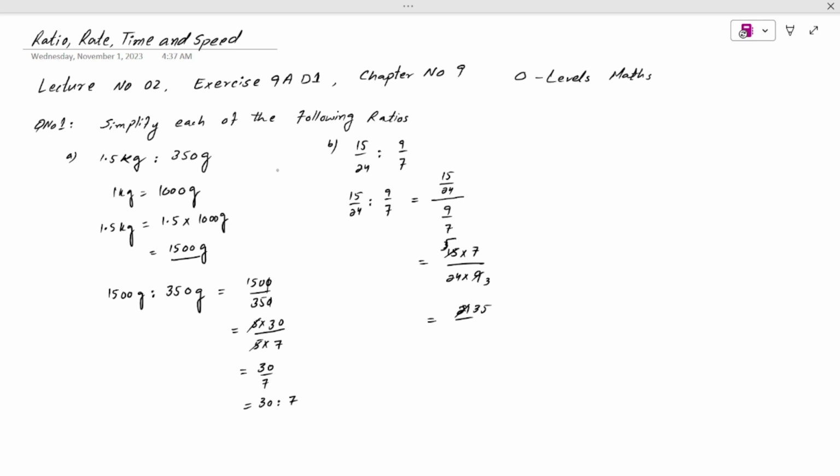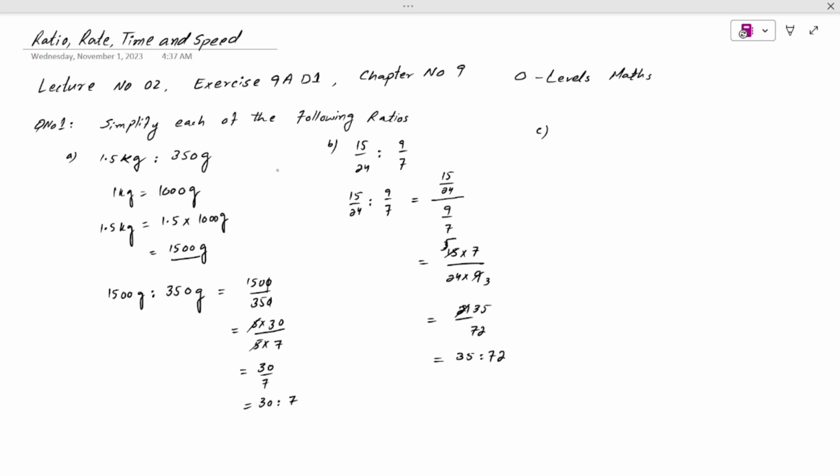So we get 35 over 72. Now this is the simplified form of this ratio, 35 ratio 72. There is no common factor between 35 and 72 other than 1. So this is the simplified form and becomes the answer of the question.